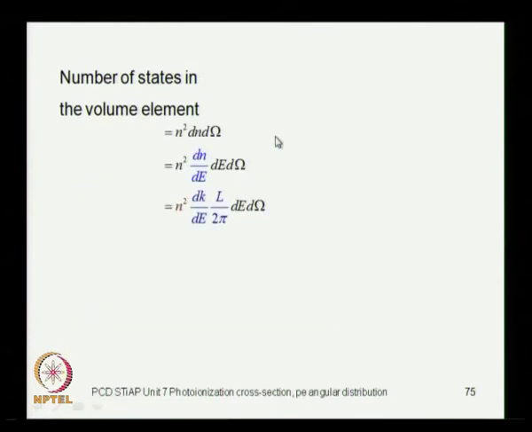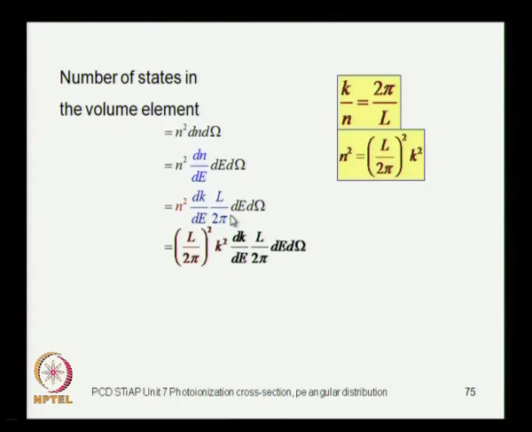Okay. So, we have put that in over here, and given the fact that n square goes as k square, this n square is now written as L square k square over 2 pi. So, that is the only substitution over here. It is a very straightforward substitution, and now you can combine this L over 2 pi over here with the square of L over 2 pi.